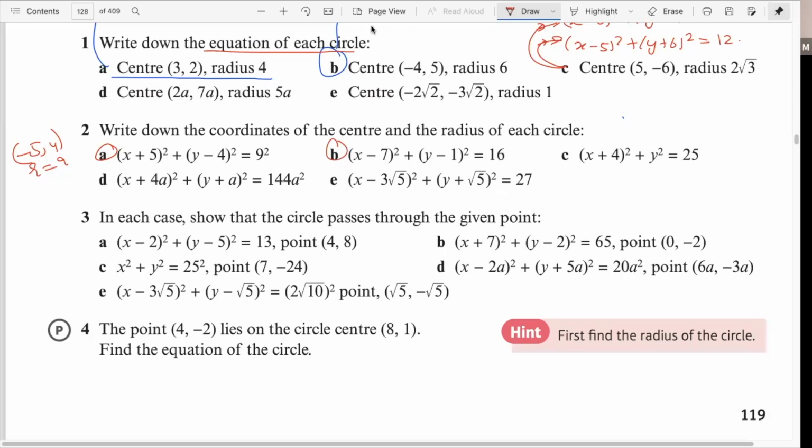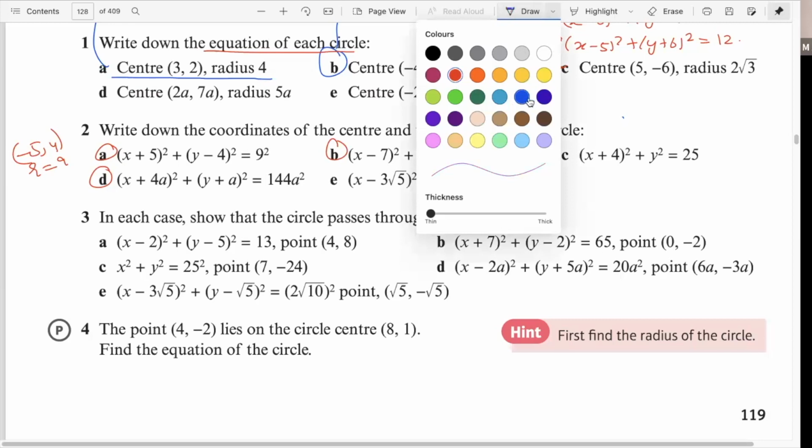The x coordinate is 7. The y coordinate is 1, and the radius is 4. Okay, D part. Anyone?